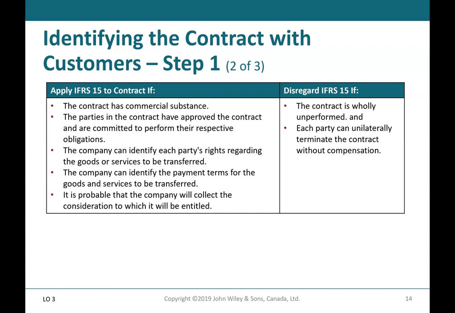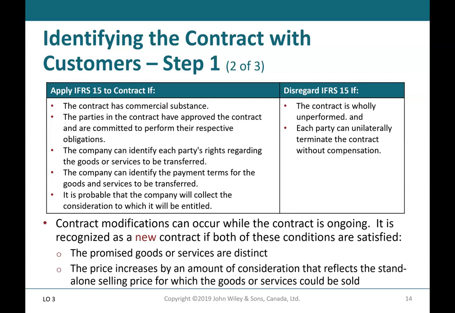The company can identify the payment terms for the goods and services to be transferred. It is probable that the company will collect the consideration to which it will be entitled. Disregard IFRS 15 if the contract is wholly unperformed and each party can unilaterally terminate the contract without compensation.